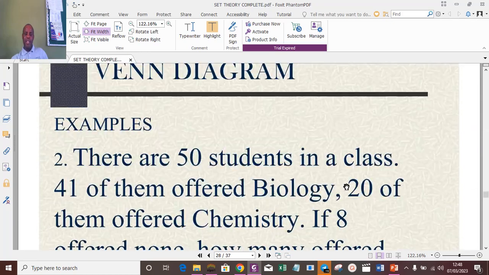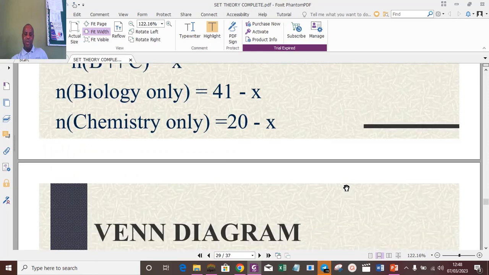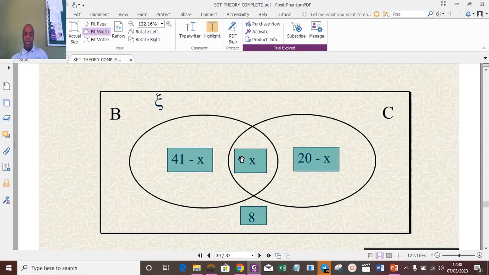In this place we want to find S, what is common. The number of students offering both chemistry and biology is S. So the number of those offering biology only will be 41 minus S. The number of those offering chemistry only will be 20 minus S. This one is the number of those offering none of the subjects.